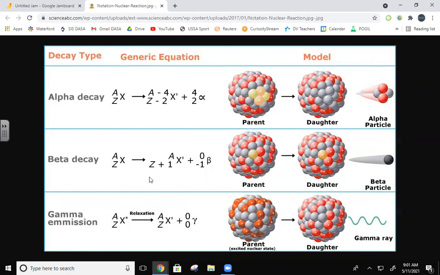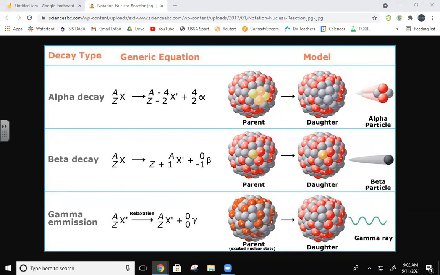Alpha, remember, sends out an alpha particle, which is just a helium nucleus. So the nucleus loses 2 protons and 2 neutrons. It loses 2 from its atomic number and 4 from its atomic mass.